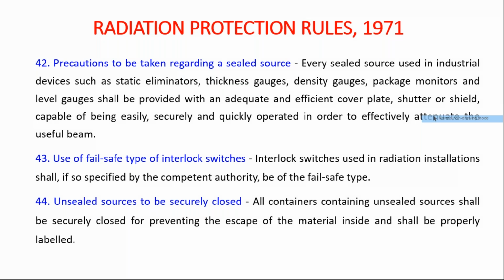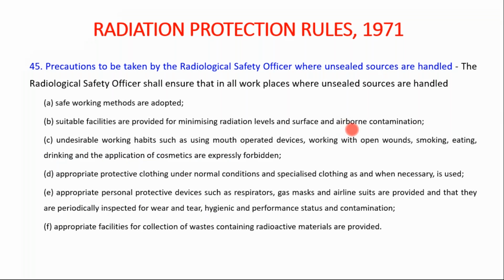But when we are going to handle the radioactive sources in an unsealed condition, then the radiological safety officer should ensure safe working methods are adopted, as guided by the competent authority. Suitable facilities are provided for minimizing the radiation levels and surface and airborne contamination.